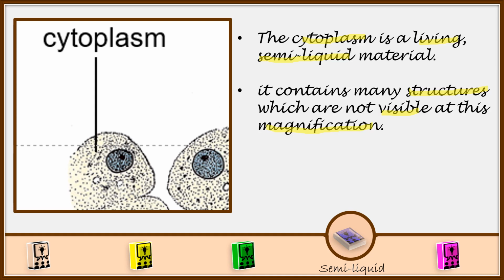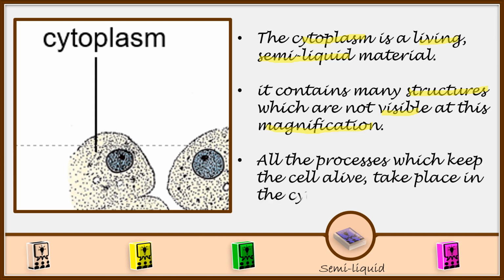Because the magnification is low, we can see the cytoplasm, but we cannot see the structures that are in the cytoplasm. Therefore, the organelles or cell organelles are not visible because of the low magnification. But the cytoplasm contains very many structures which are not visible at a low magnification.